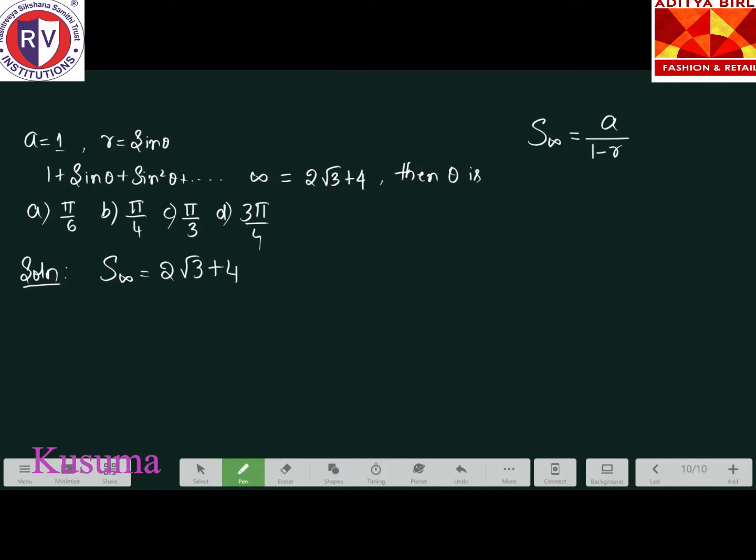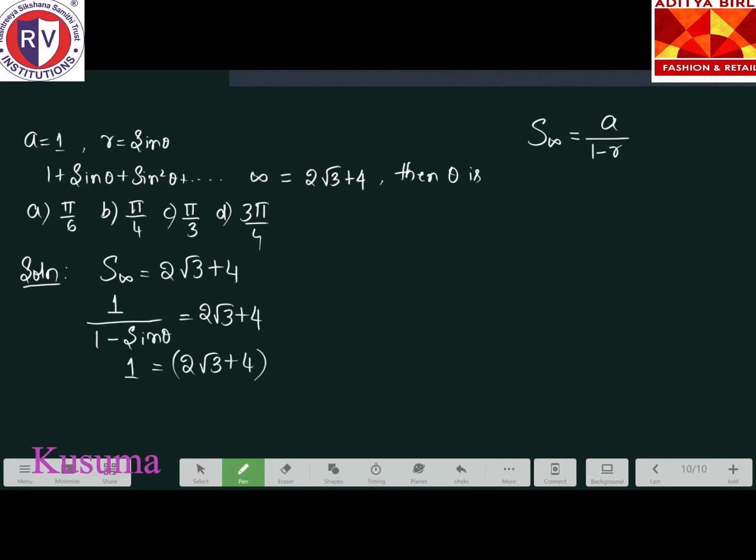So here what is A? A is 1, divided by 1 minus R, where R is sin theta, and the sum is given to be 2 root 3 plus 4. Now, let us simplify this. 1 is equal to 2 root 3 plus 4 into 1 minus sin theta.